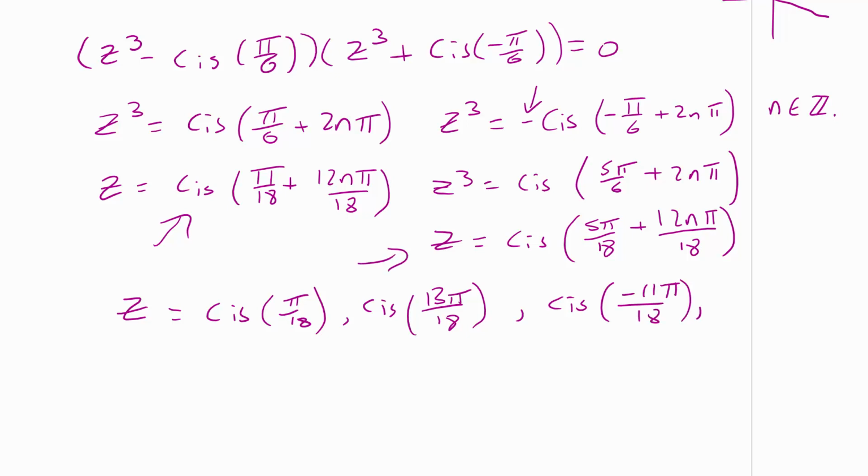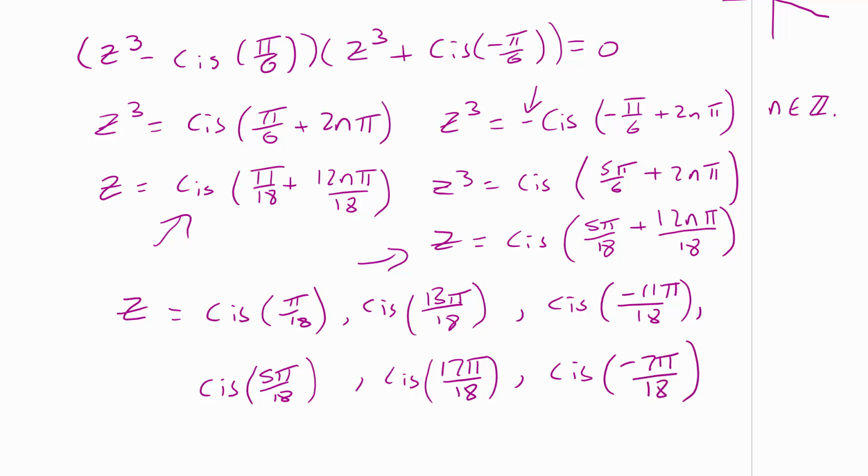And then if we use this one over here, we're going to get cis 5 pi by 18. n equals 1 gives me cis 17 pi by 18. And n equals negative 1 gives me cis negative 7 pi by 18.